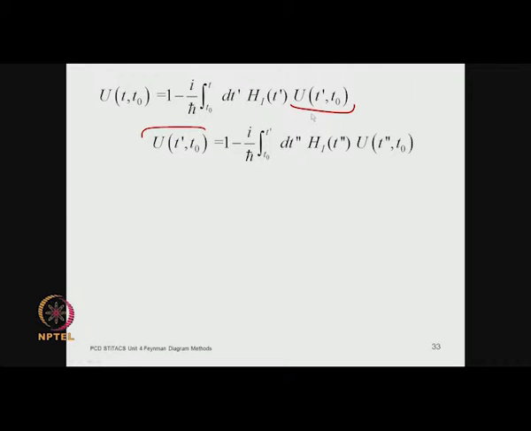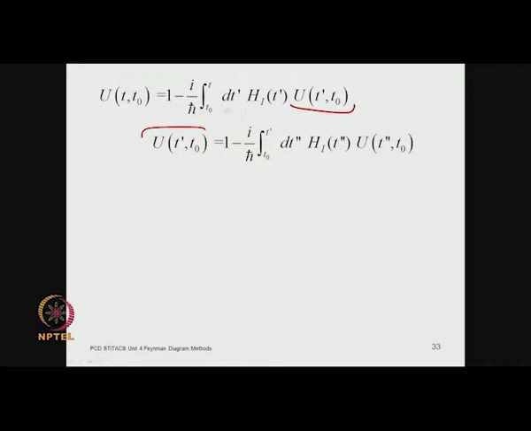So, I have U(t', t0), which is given by an exactly identical relation, with the difference that now the integration is over t double prime, and the integration is over the limits t0 to t', which are the two parameters which come here.